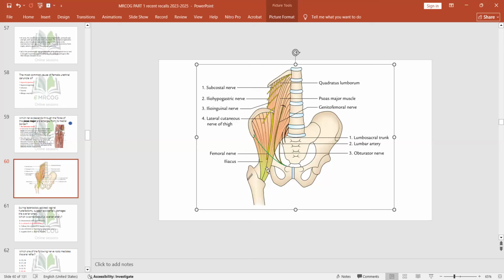While the femoral nerve here, during its descent on the lateral border of psoas, is going on its route until the knee and gives branches afterwards. It can be injured because of, number one, the usage of heavy lateral retractors.